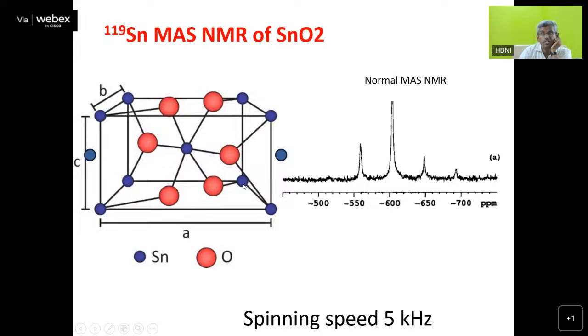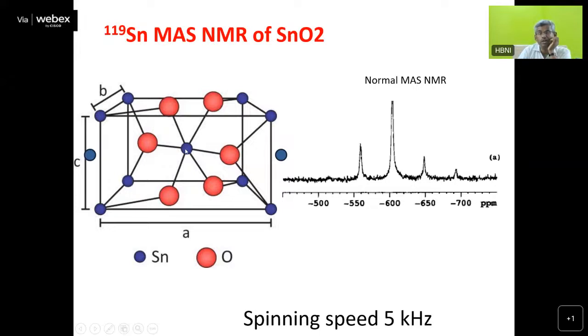In addition to that, the next near neighbors: tin 1, 2, 3, 4, 4 above, 4 below, and 1 just above that as an apex tin, and another below, below the plane and above the plane if you consider.